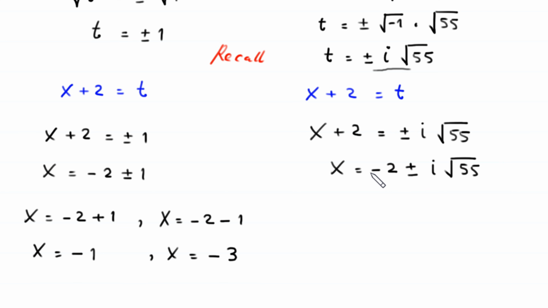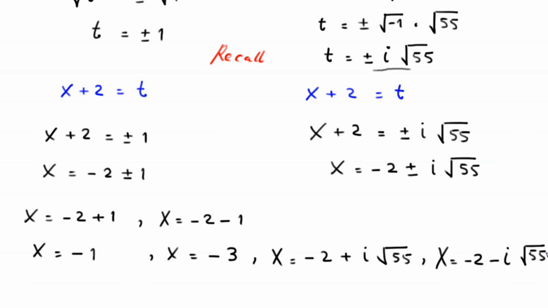From here we get two values of x: x is equal to negative 2 plus i times root 55, and x is equal to negative 2 minus i times root 55. This is the first value of x, this is second, this is third, and this is fourth.